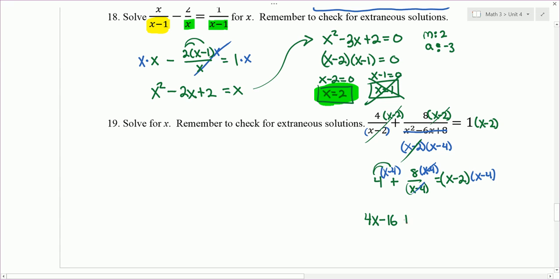We have an 8, and that's equal to x times x minus 4, negative 2 times x, and negative 2 times negative 4.